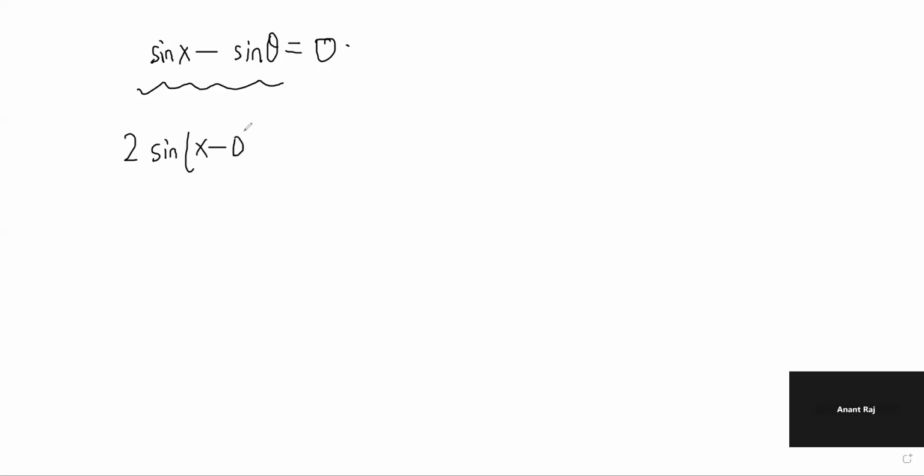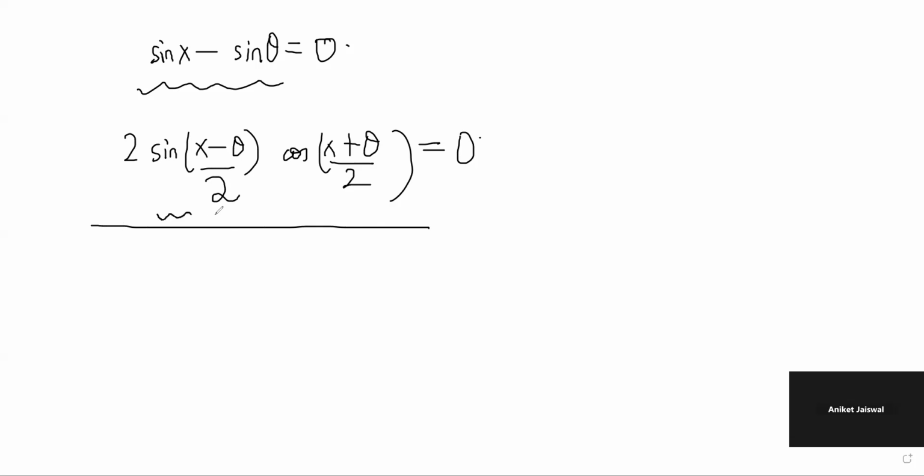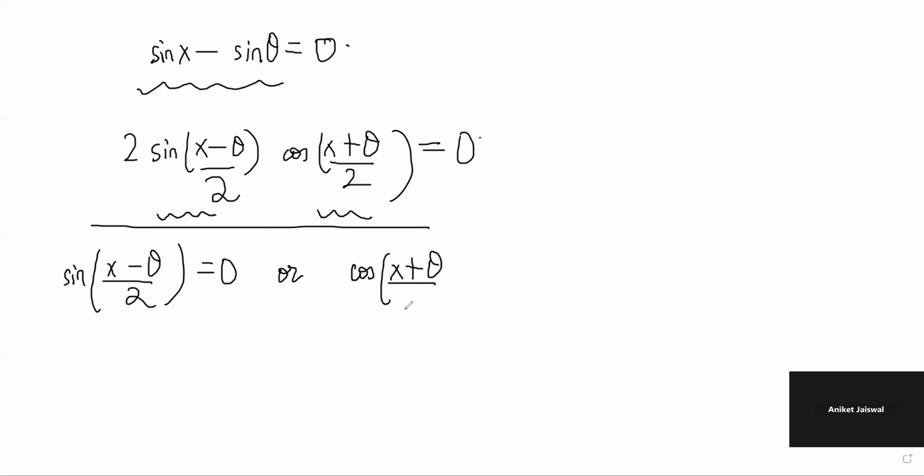So I will get 2 sin of x minus theta by 2 cos of x plus theta by 2. Now, for the product of two things to be 0, either can be 0. So you can say sin of x minus theta by 2 could be 0, or cos of x plus theta by 2 could be 0, too, right?